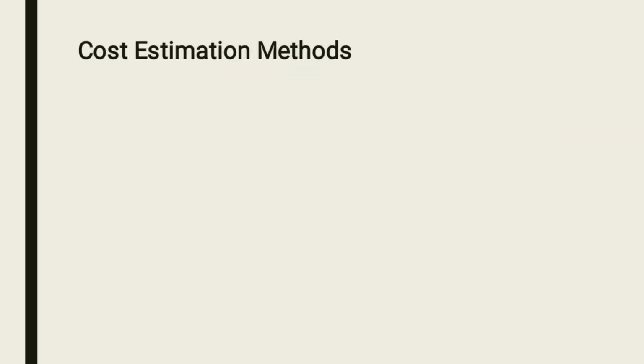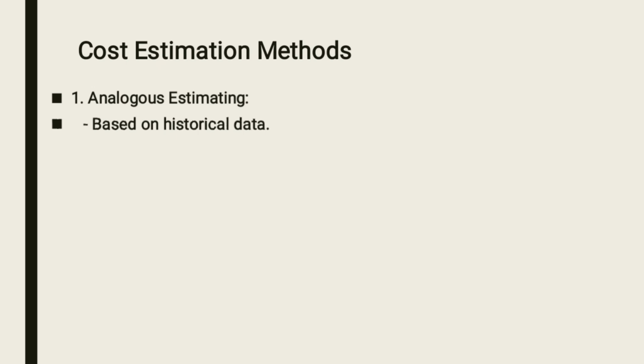Okay, let's talk about cost estimation methods. Number one, we have got analog estimating. So this one is based on historical data. So you're trying to use similar information which some people used in the past. This one is quick, but usually it is less accurate, right?